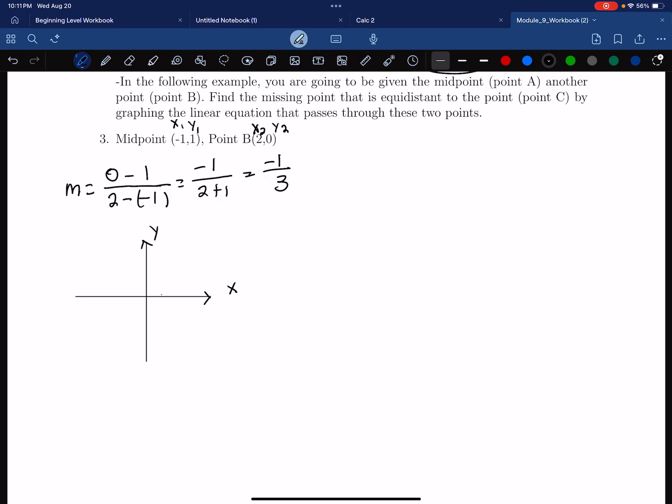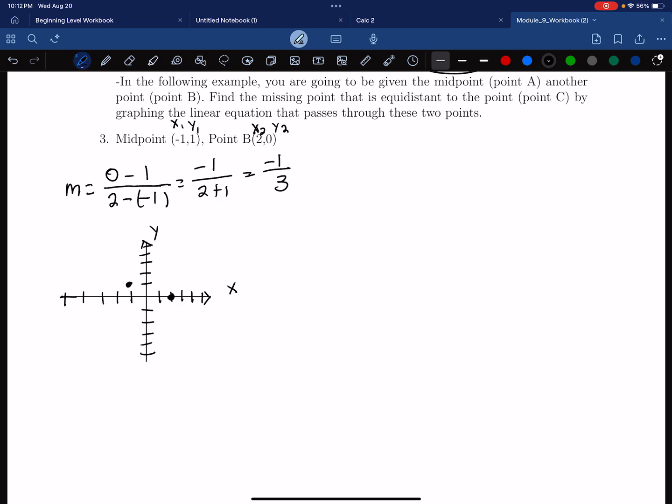So let's go out 1, 2, 3, 4, 5. 1, 2, 3, 4, 5. Let's go a little bit more. 1, 2, 3, 4, 5. 1, 2, 3, 4, 5. Okay. So we know we have these 2 points, so I'm going to plot those. So we have 2, comma 0, which is here. And then we also have the point negative 1, comma 1, which is here.